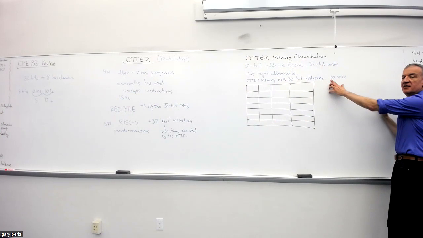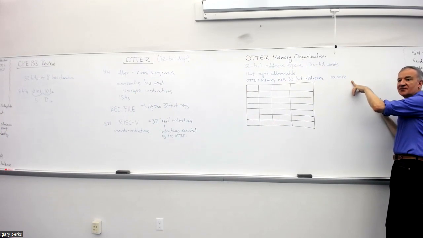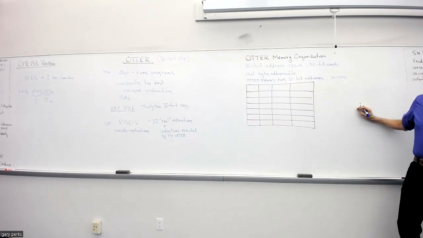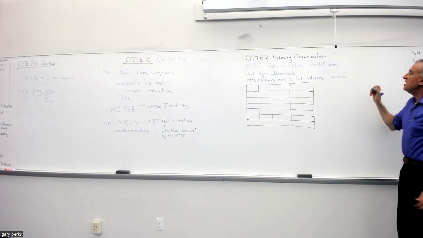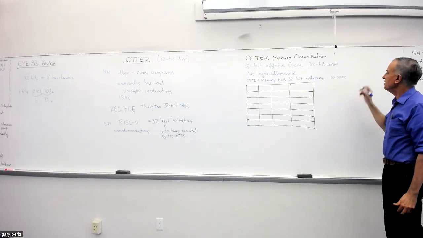So my lowest address would be just 8 zeros in hex, which corresponds to 32 bits equaling 0.